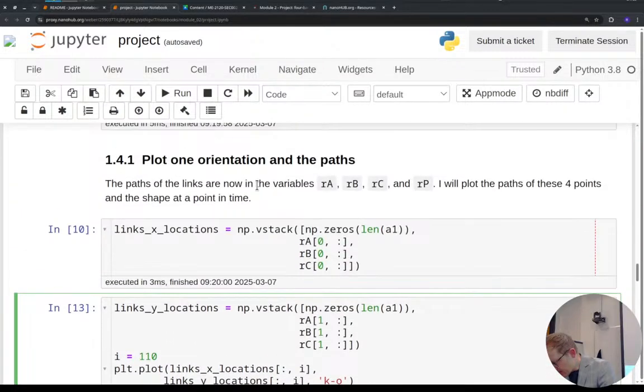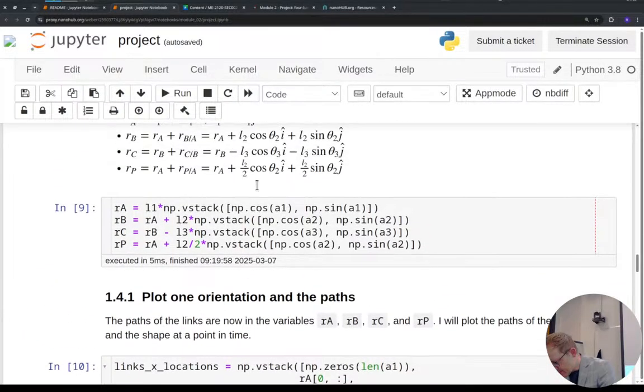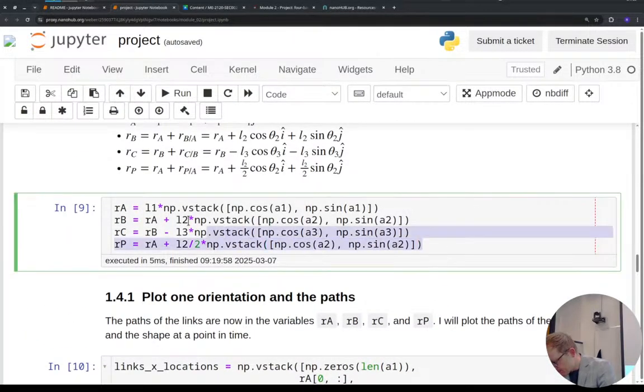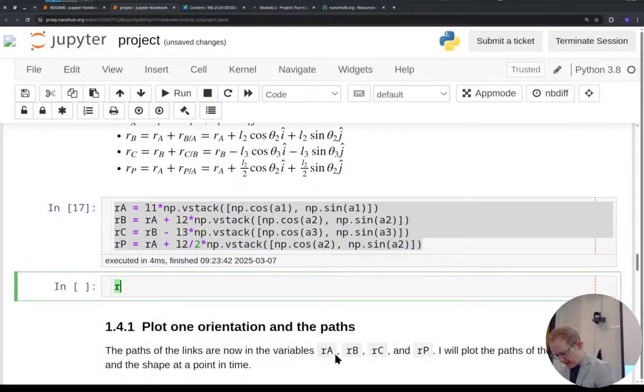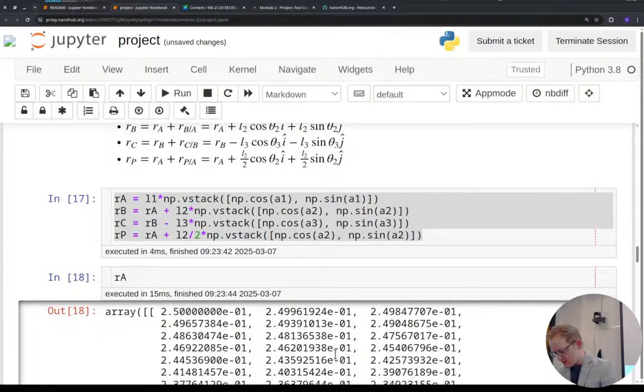All right, so let's back up a little bit. In this part where it's RA, RB, RC, and RP, I'm setting up arrays that are X and Y locations for hinge A as a function of time. So if I look at RA, I'm going to do the transpose of it.